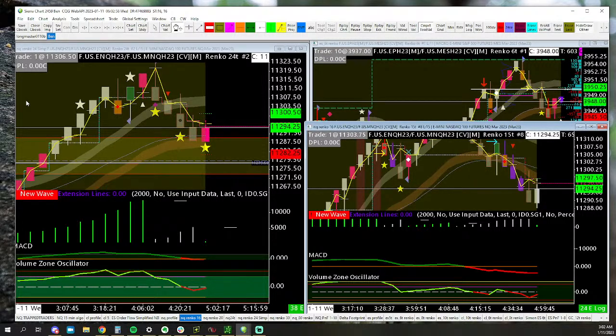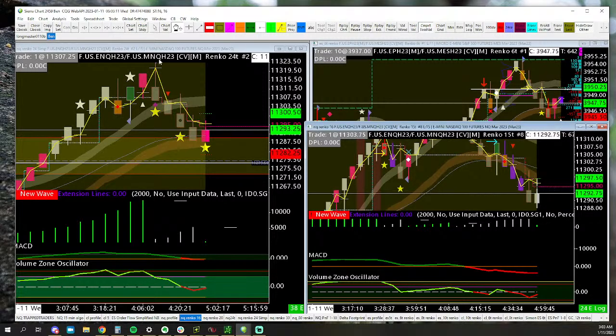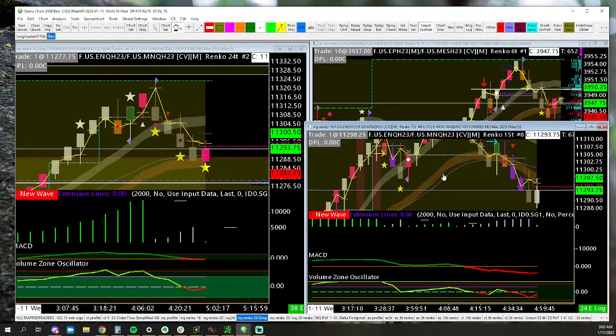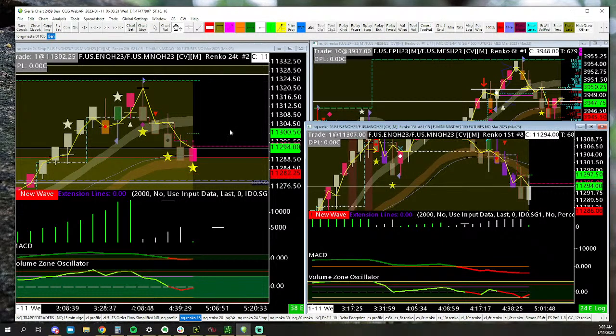I'd like to see them try to save this, but I don't think there's anything to do. And like I said, if I did short it, the only real place to put your stop is up here, and that's just a massive risk for futures that I'm not willing to take. And the risk reward wouldn't be very good anyway.